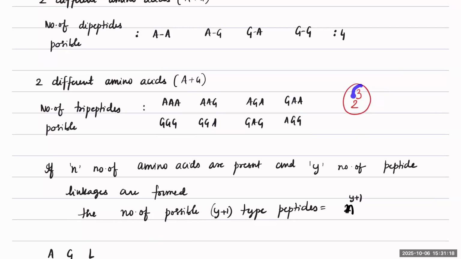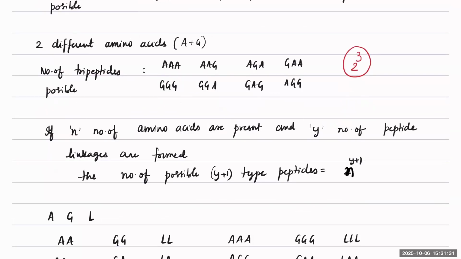So here this power factor basically represents how many amino acids are linked in the peptide. And here this number represents the number of types of amino acids that you are taking. Correct?